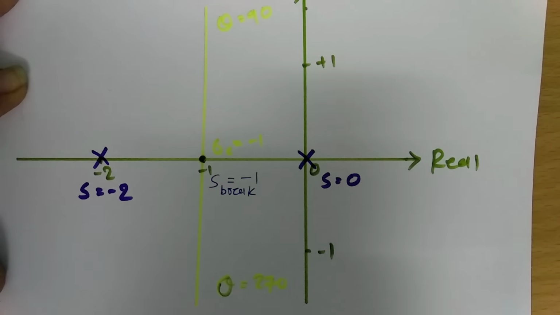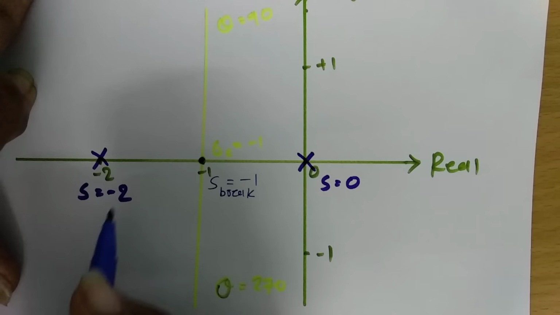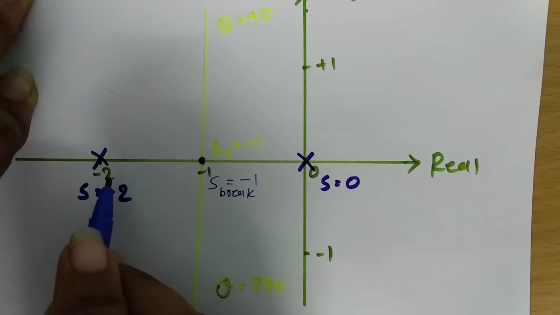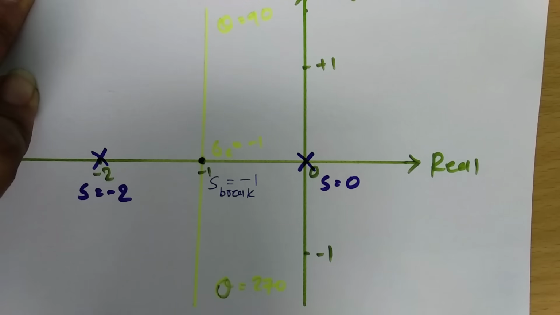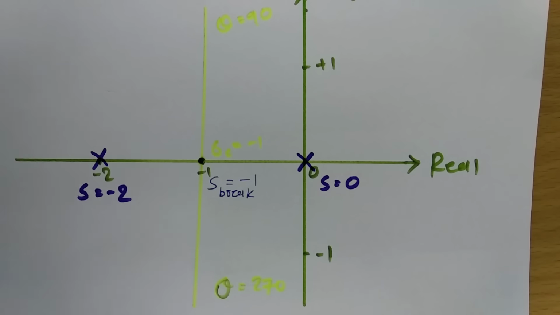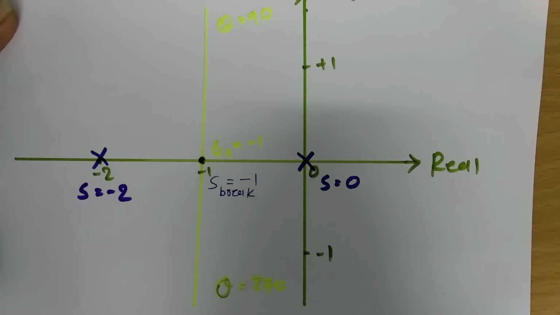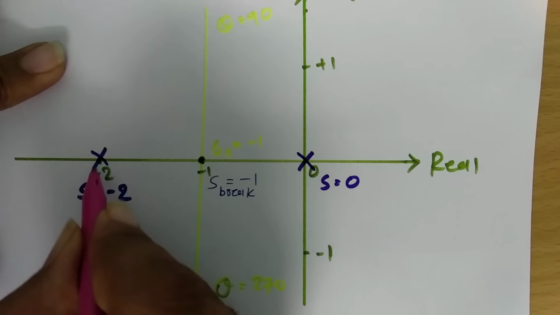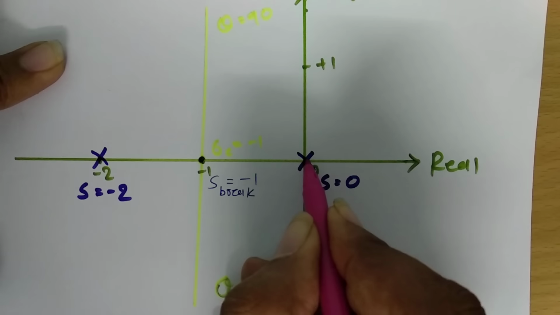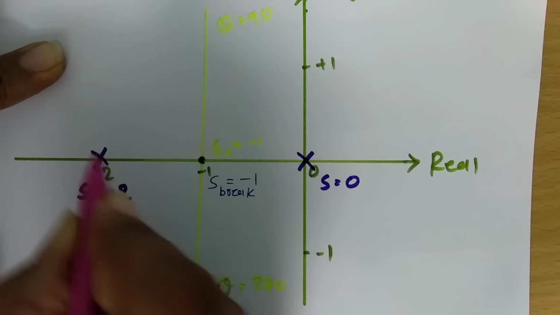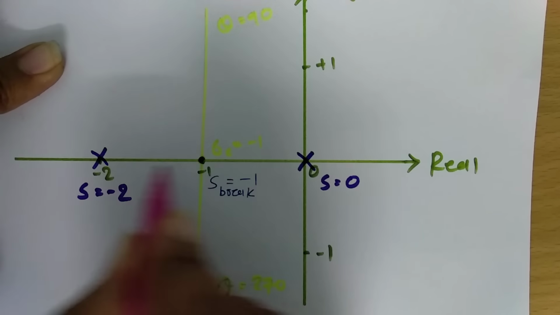So remember, the lines of the root locus always emerge from poles, and they try to enclose zeros, and if the number of zeros is less, in that case they will go to infinity. So the lines will begin from both of these poles and go to the breakaway point.